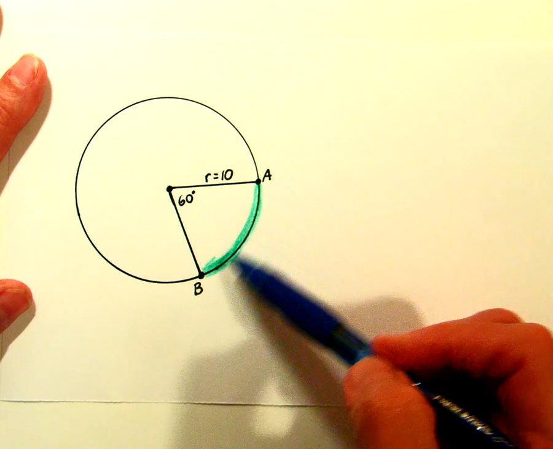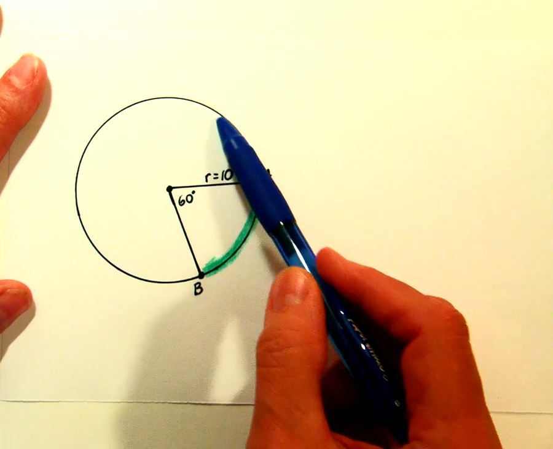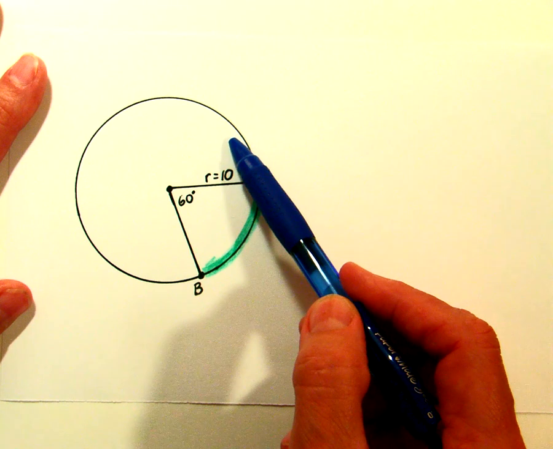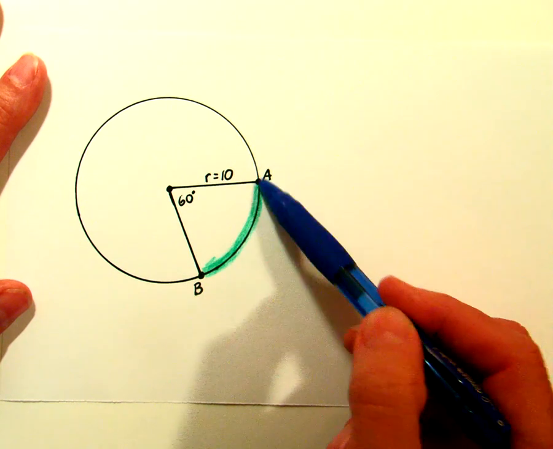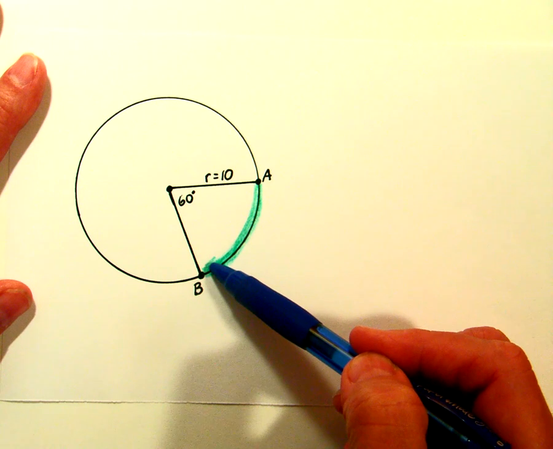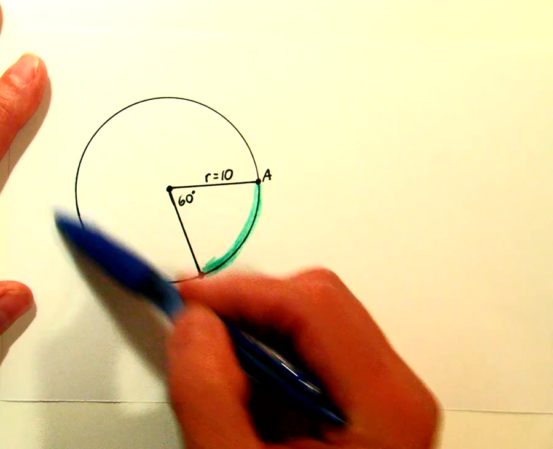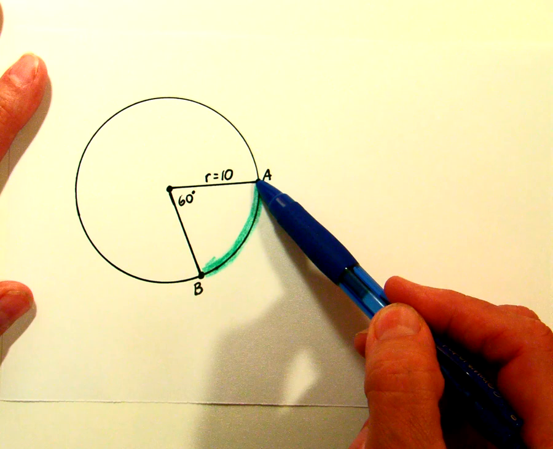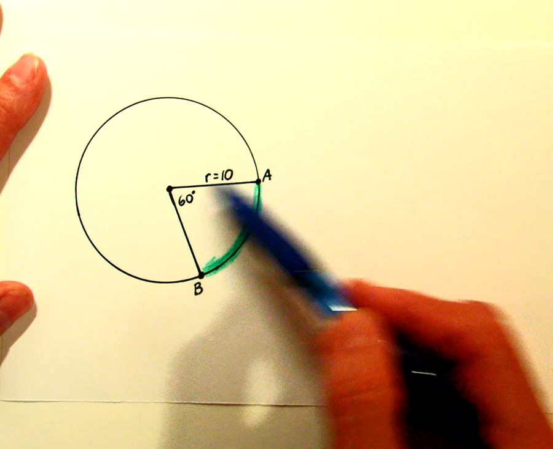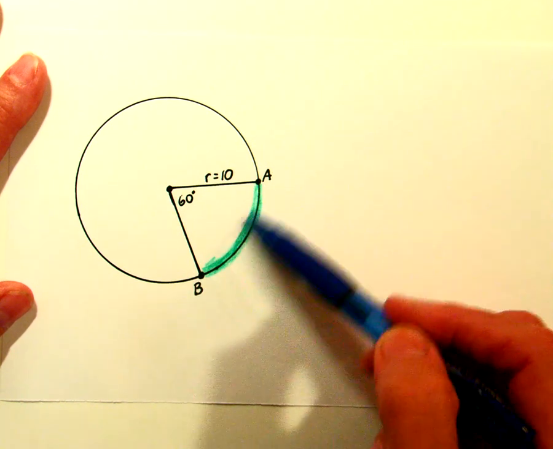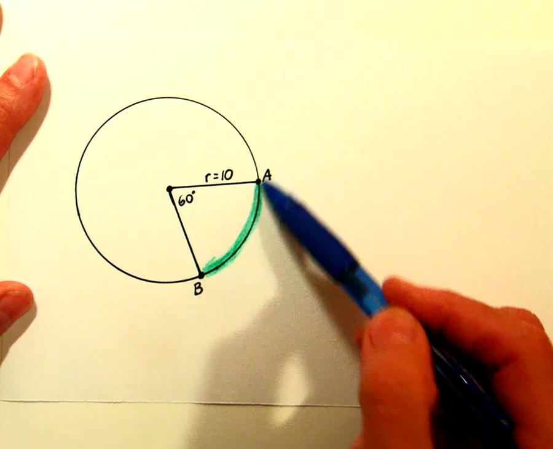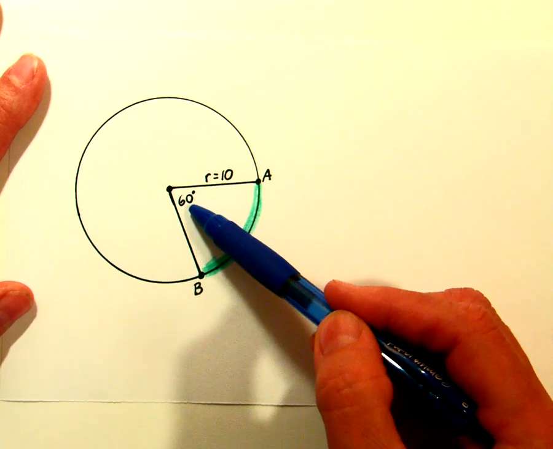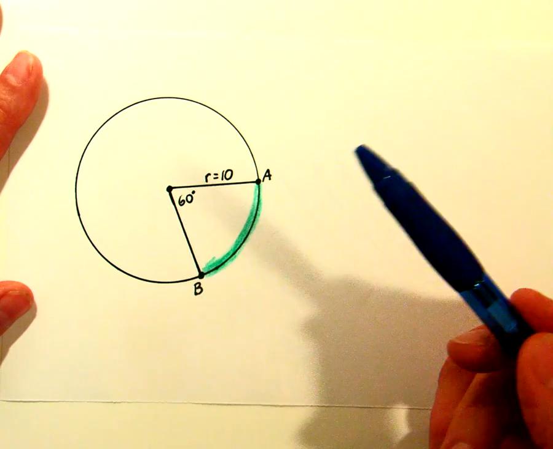But since the arc measure is the same, now not the length, the measure, since we call this a 60-degree arc and a 360-degree circle, notice the relationship there. They're the same. The arc is 1/6 of the total circumference, and the angle is 1/6 of the total central angle.